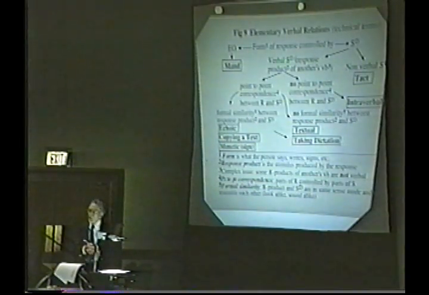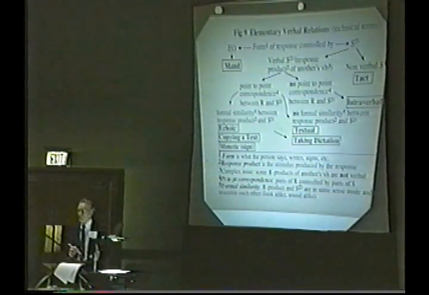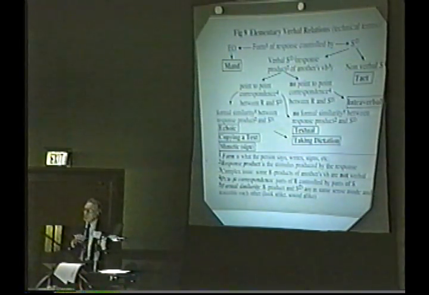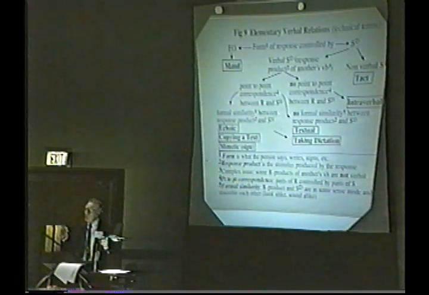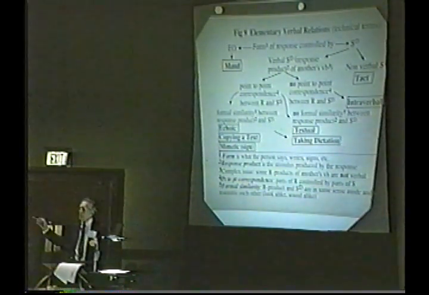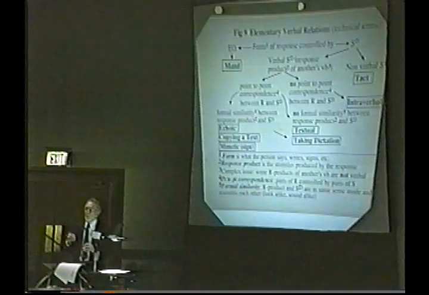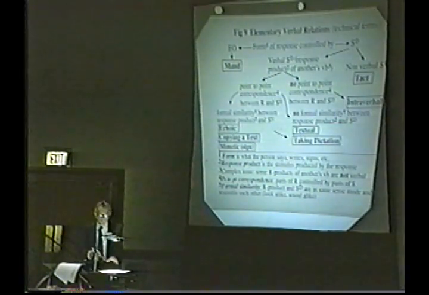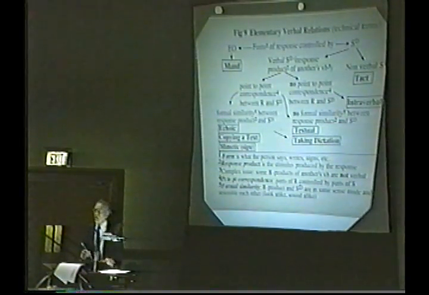The response that he makes, he then says alligator. Now you can see that the first part of his response, the vocal action that produces the sound al, is closely related to the first part of the stimulus. You don't have any trouble lining up the separate parts, the phonemes or the syllables of the stimulus with the syllables of the response.